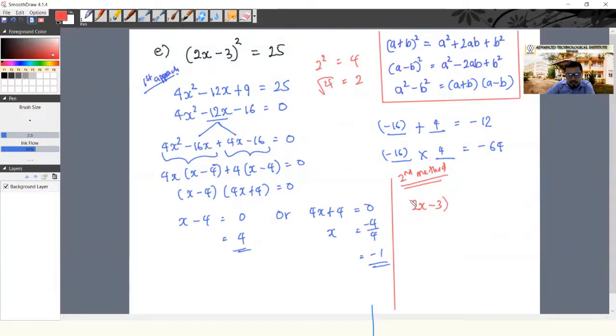So here we are going to apply the square root. We can't do it on one side only; the square root must be applied to both sides. Then this power, this square value, will get cancelled.